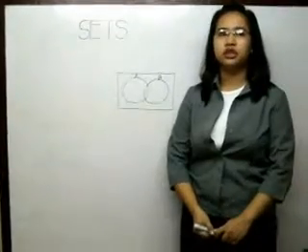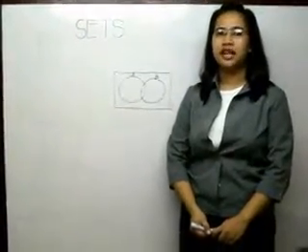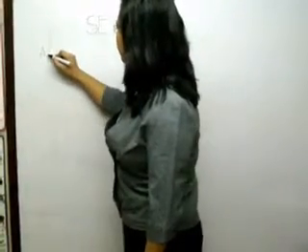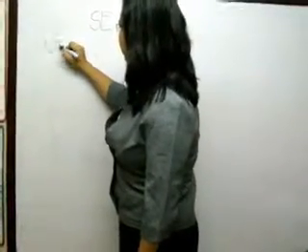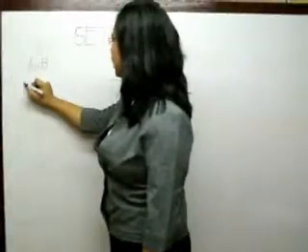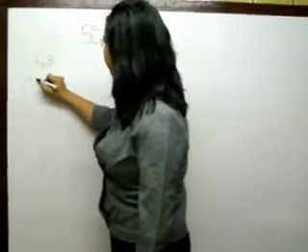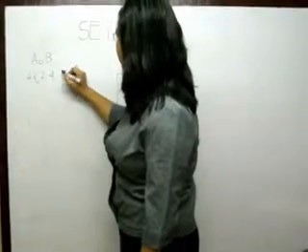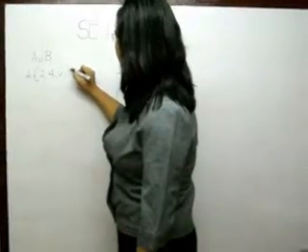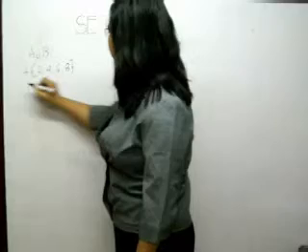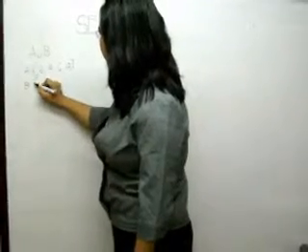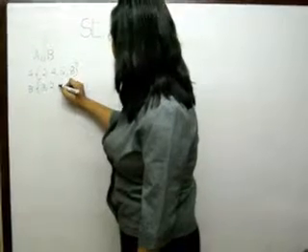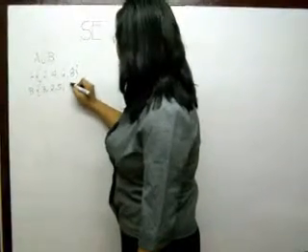The first operation is the union of sets, wherein A union B. Let's take, for example, set A: 2, 4, 6, and 8. For set B, we have 3, 2, 5, and 8.